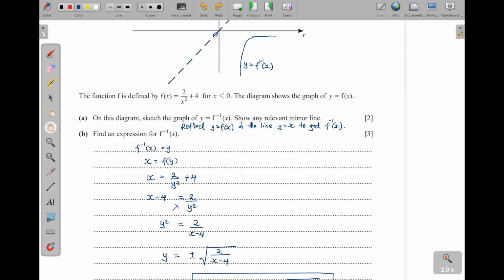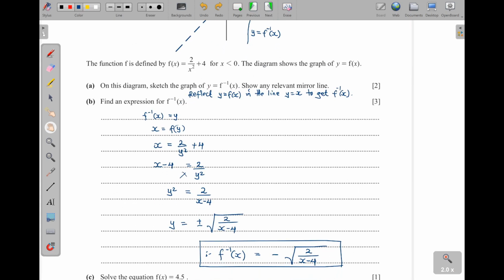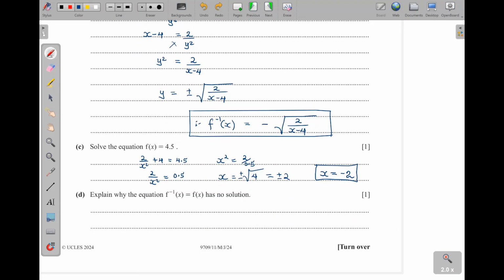So I will say f inverse is always negative, whereas f of x is always positive.